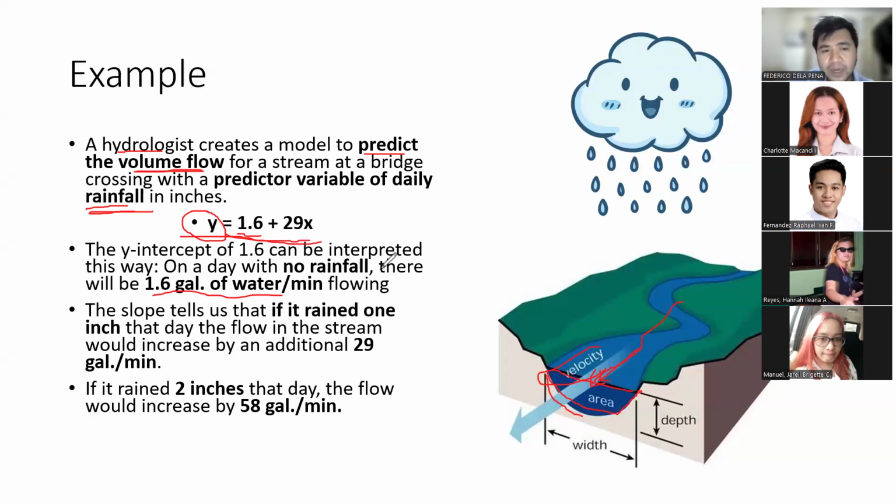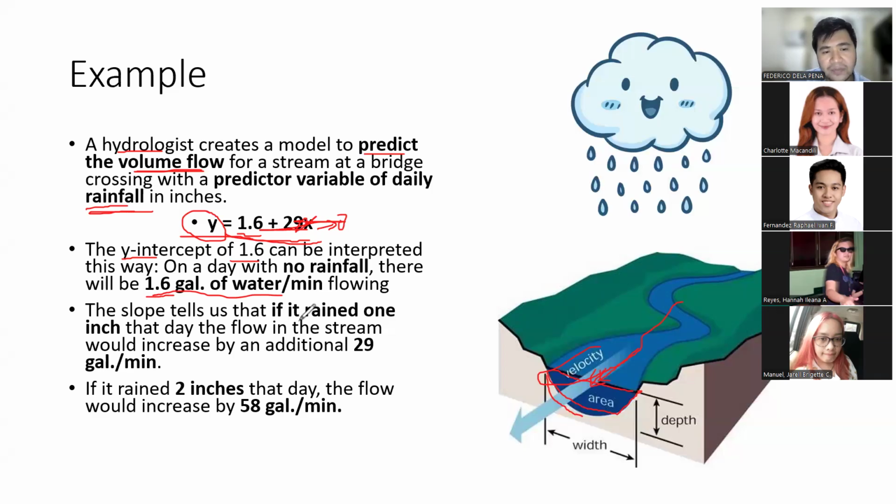And we can simply interpret this as follows. The y-intercept is 1.6, and this simply means that on a day with no rainfall, like if we set the x to 0, we can expect a baseline river flow of 1.6 gallons of water per minute flowing into the river.